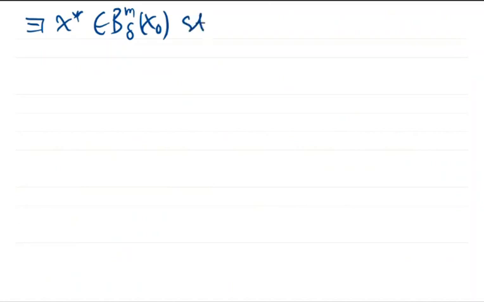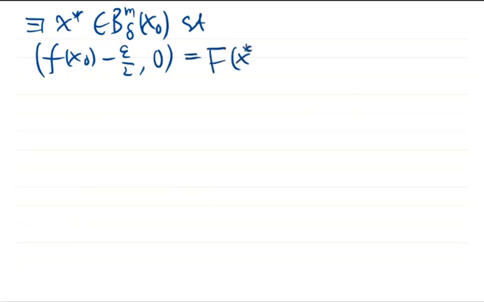So there is a point x star in the delta neighborhood of x0 such that this point, (f(x0) minus half of epsilon, 0), is the image of x star. By the definition of our map capital F, this is (f(x star), g(x star)).